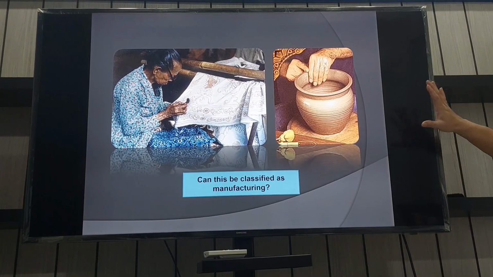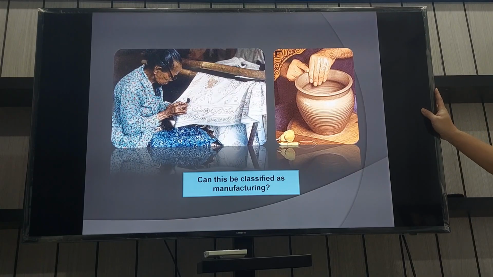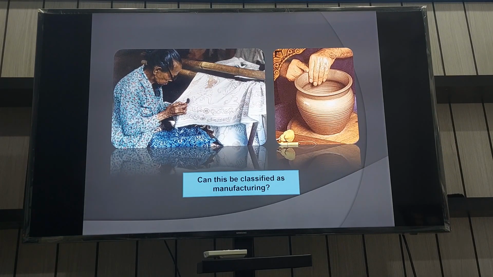But if the production process only makes one or two, we cannot say that this is a manufacturing process. So when we want to know whether an activity is considered a manufacturing process or not, we can look at the production volume.